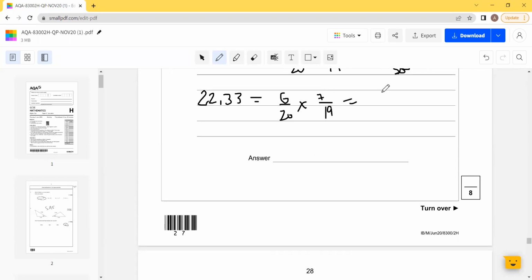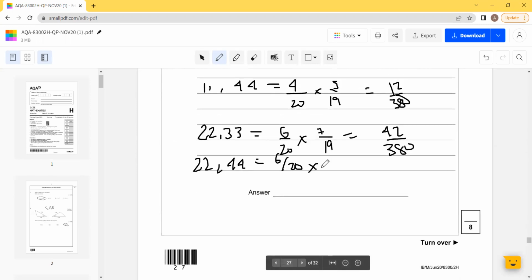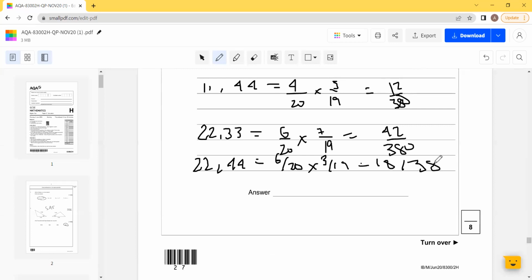So this is 42 over 380. And now we're going to do the same thing for 22 and 44, which is 6 over 20 multiplied by 3 over 19, which is 18 over 380.